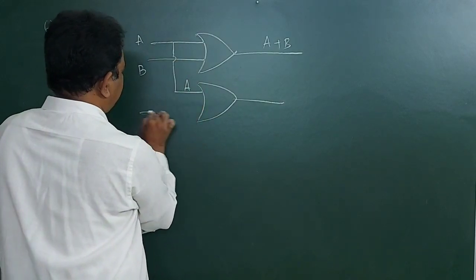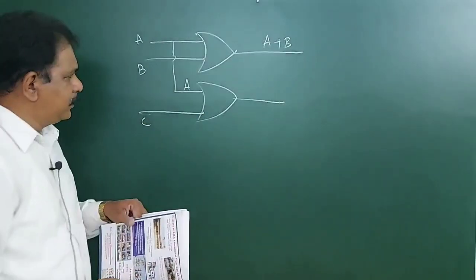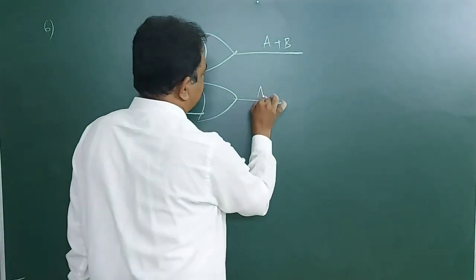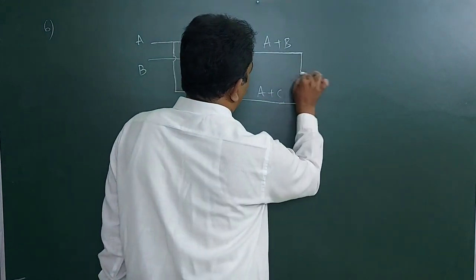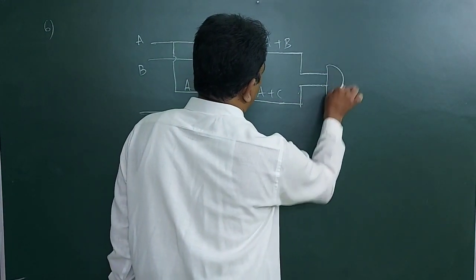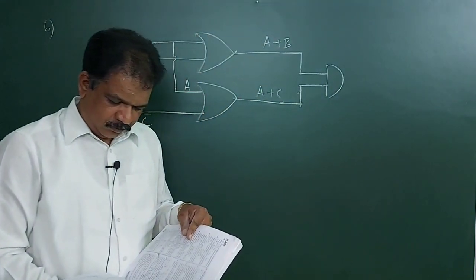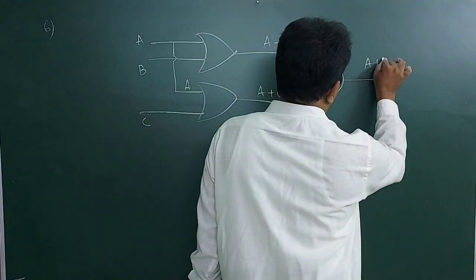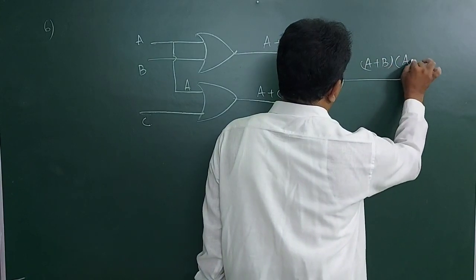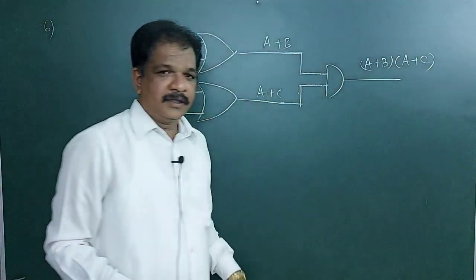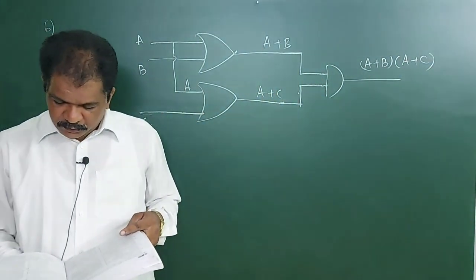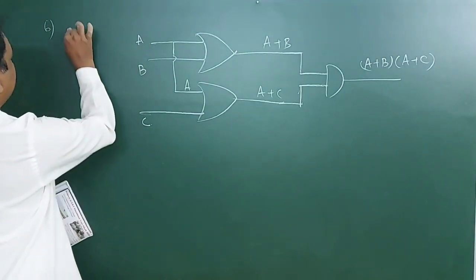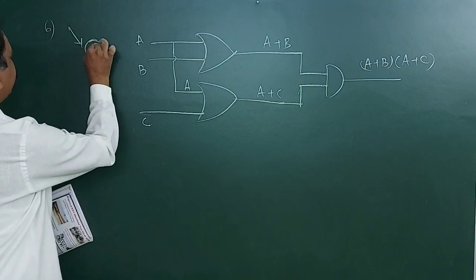Here this will be A, this will be C. Then it will be A plus C. Both outputs are given to AND gate. So this will be (A plus B) into (A plus C). Okay. So second option will be the correct for it.